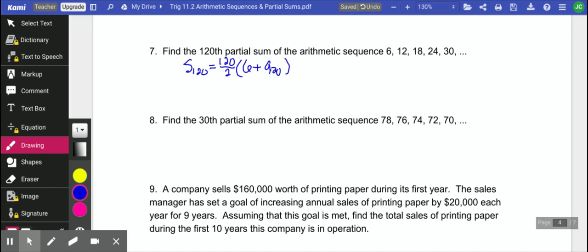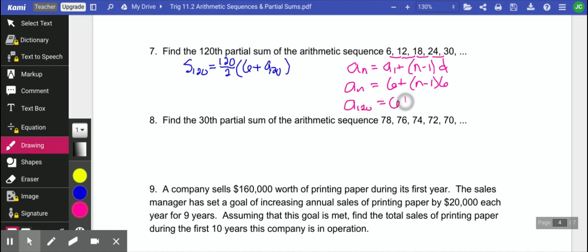To do that, let's use our other formula that we talked about. The other formula was a formula to give us the nth term. Remember, that was a1 plus n minus 1 times d. a1 is our first term, and we have to look at this and see what the common difference is. It looks like we're adding 6 each time, and we are interested in the 120th term.